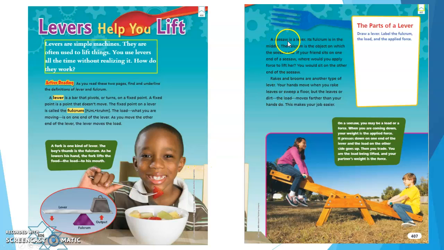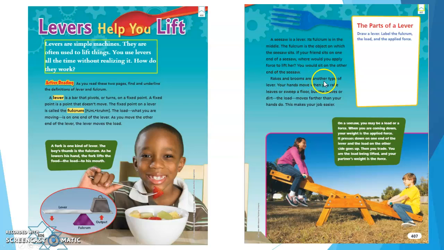A seesaw is a lever. Its fulcrum is in the middle. The fulcrum is the object on which the seesaw sits. If your friend sits on one end of a seesaw, where could you apply force to lift her? You could sit on the other end of the seesaw.